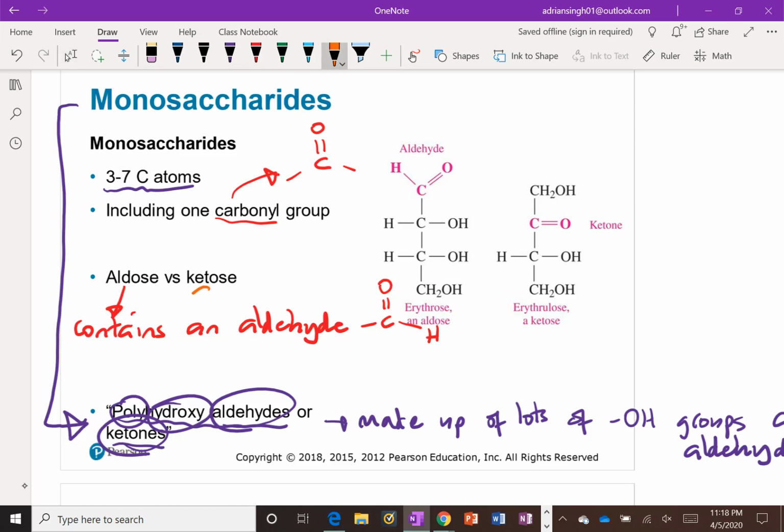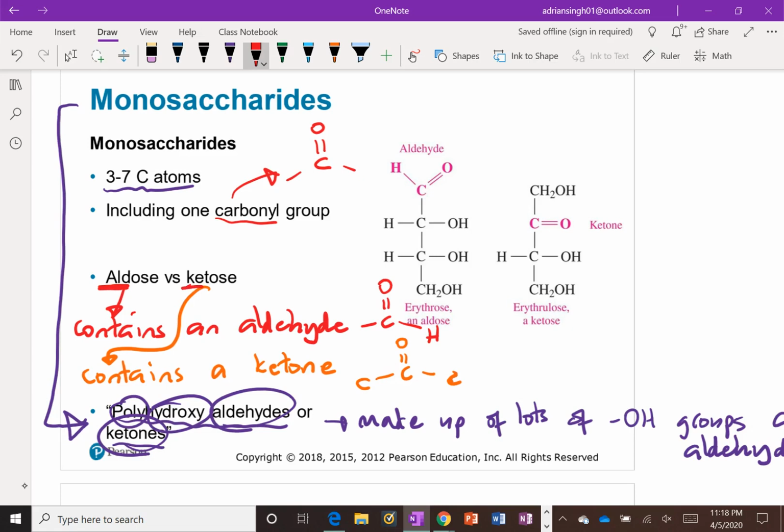And then our ketose would be a sugar that contains a ketone functional group, which would have that carbonyl between 2 carbons on either side of it. So a sugar that contains an aldehyde is an aldose, so the first part of the name tells you it has an aldehyde functional group.